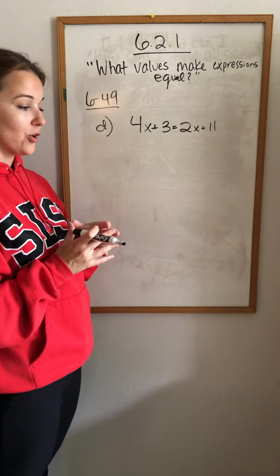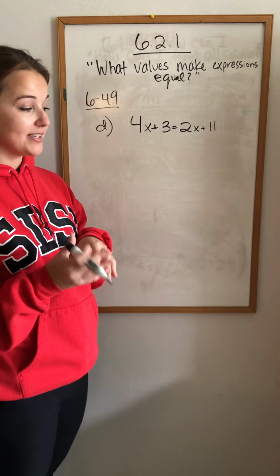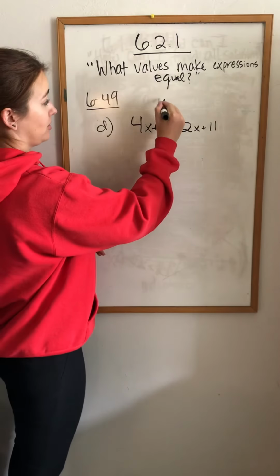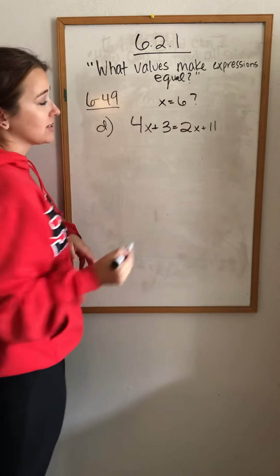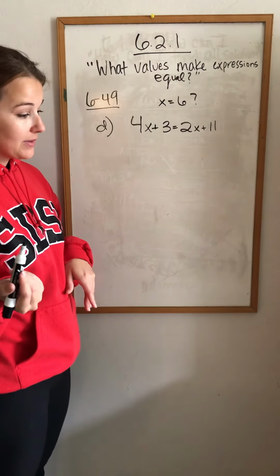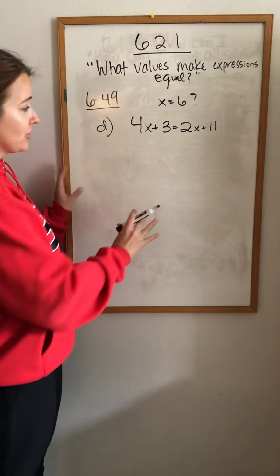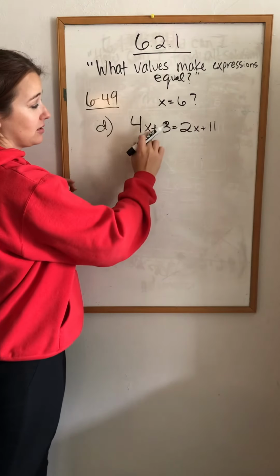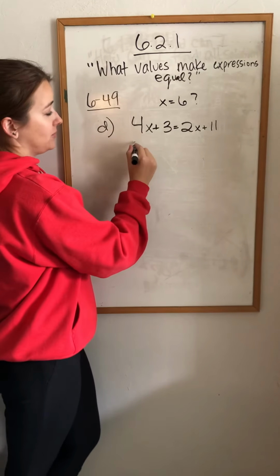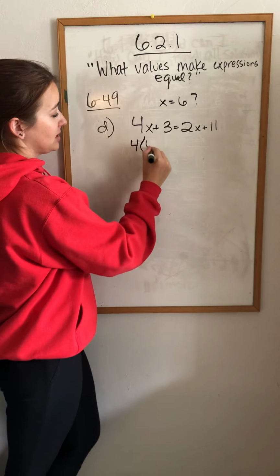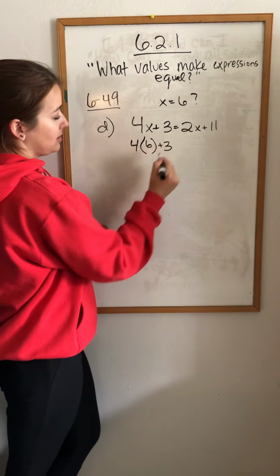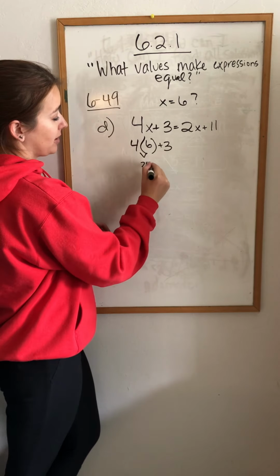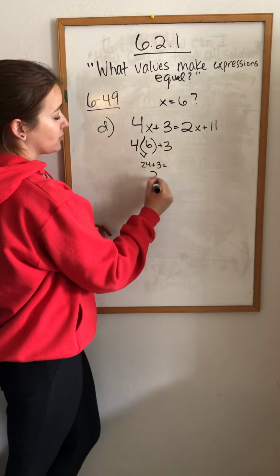Now we're going to figure out, is x equals 6 also a solution? I'm going to put a question mark. X equals 6 question mark. In order to figure this out, we have to plug in 6 for the x's that we have. So let's plug in 6. 4 times 6 plus 3, that's 24 plus 3, which gives us 27.